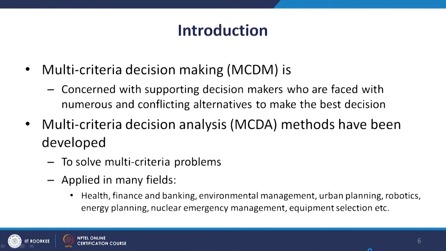So, decision makers will of course have their own judgments, their own subjective preferences, but because of the higher complexity of these decision problems, they would require the help of analysts in terms of following a structured methodological process, and these analysts are going to aid the decision makers to make the best decisions. These analysts are going to use some of the methods which have been developed in the past many decades to actually solve these decision problems.